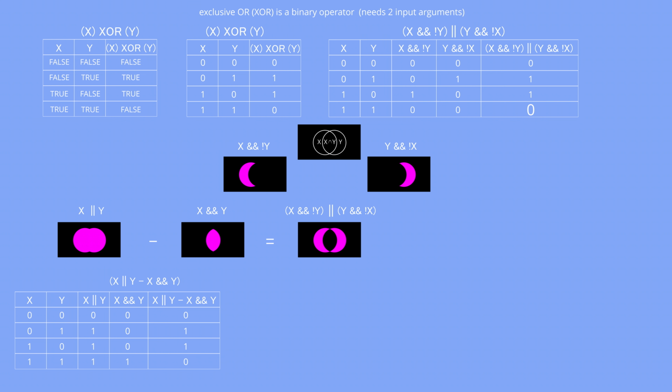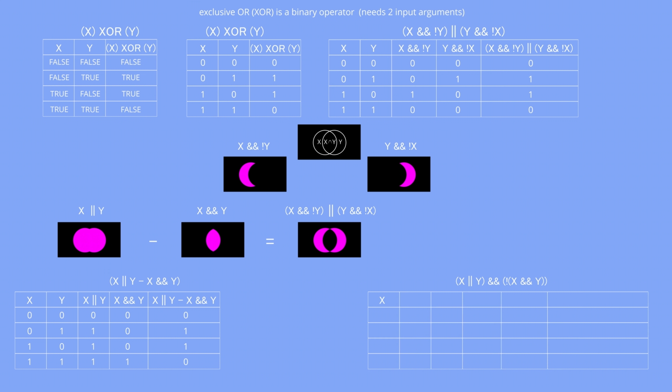We can achieve the same result without using a minus operator, which is not a logical operator. This formula resembles the previous one. False or false is false. False and false is false. Not false is true. False and true is false. False or true is true.